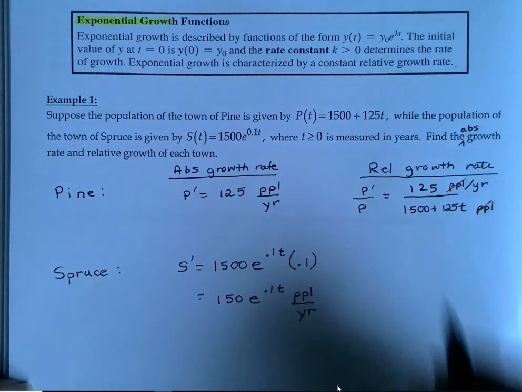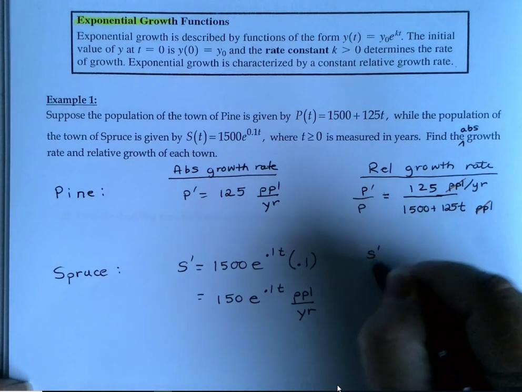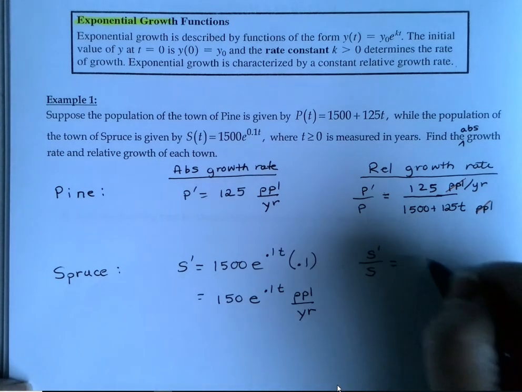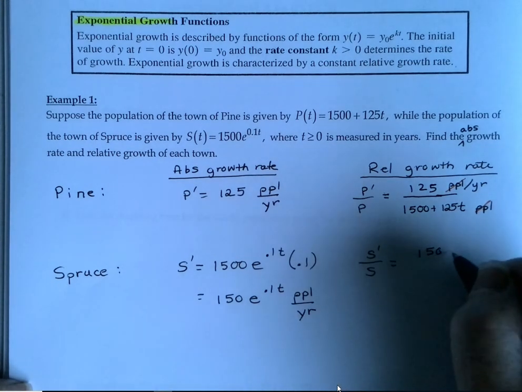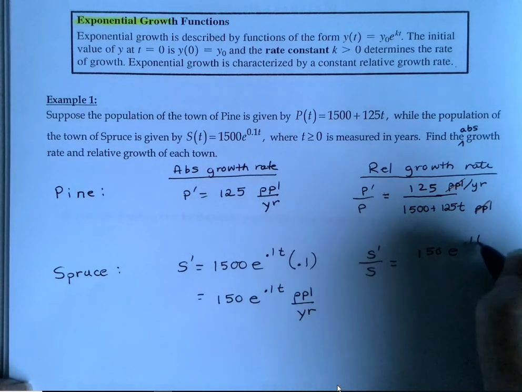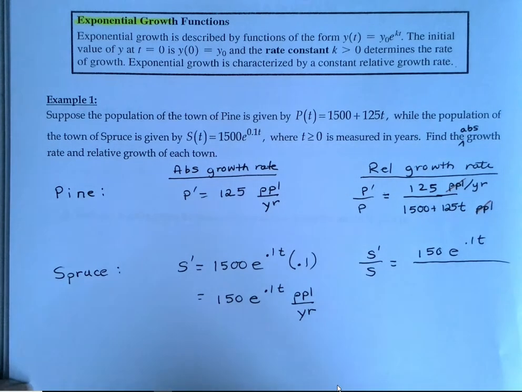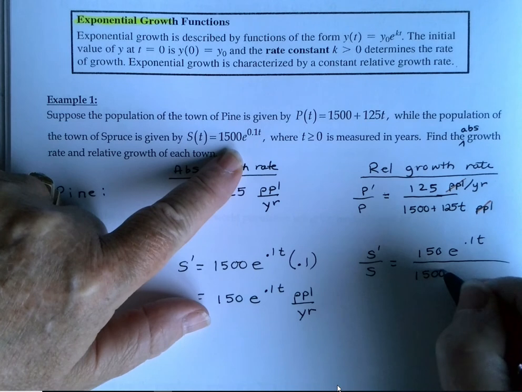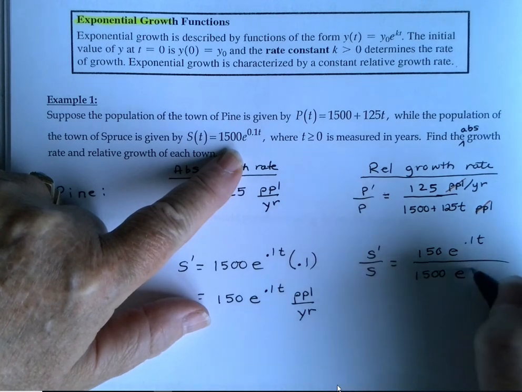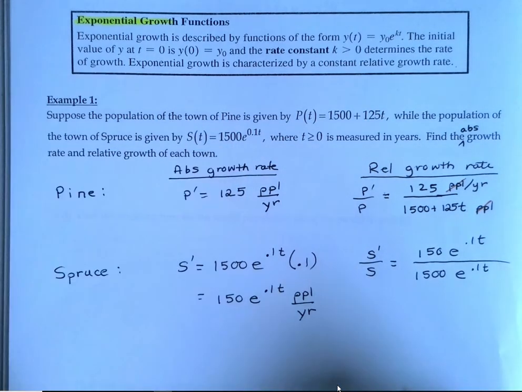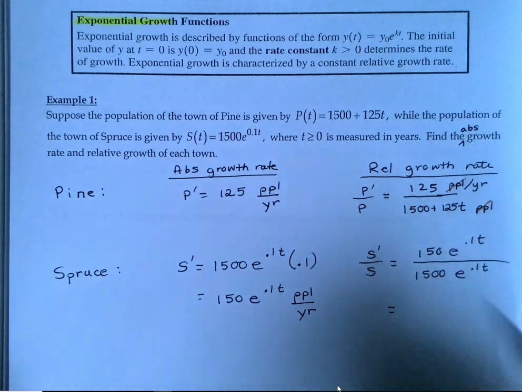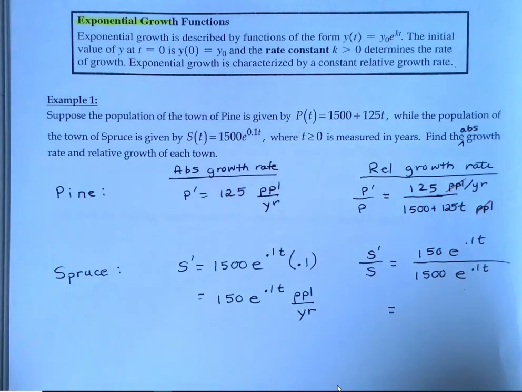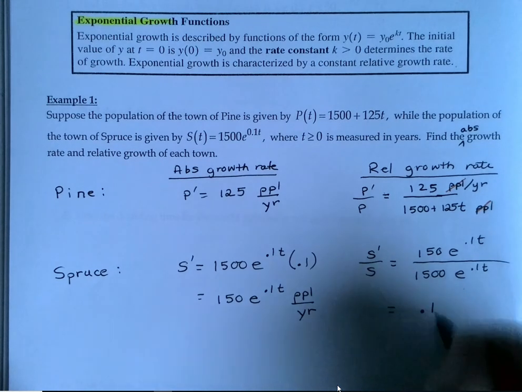And then our relative growth rate, s prime over s. We'll take our s prime from here, divided by the original s function itself. And of course the exponentials will divide out. 150 divided by 1500 is going to be a tenth, or 0.1.